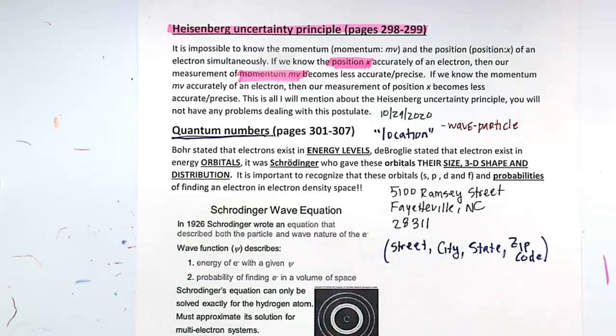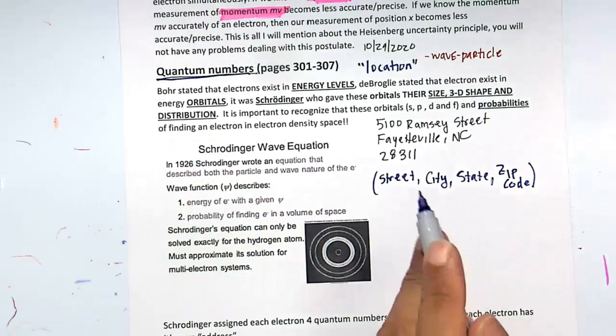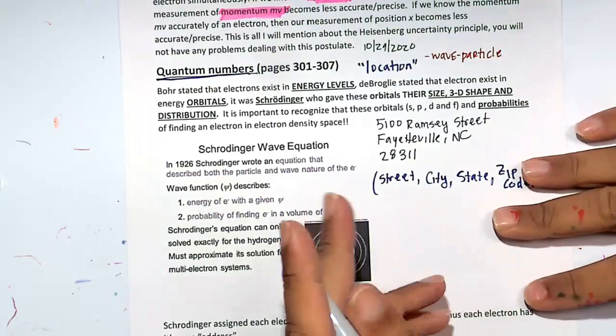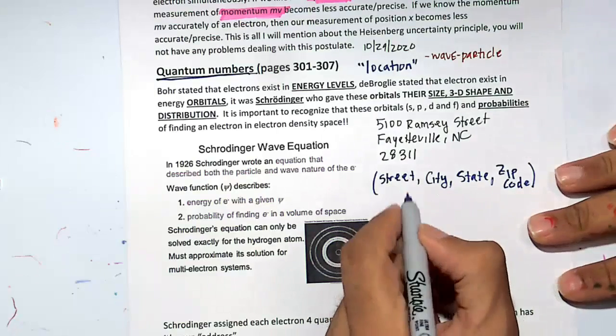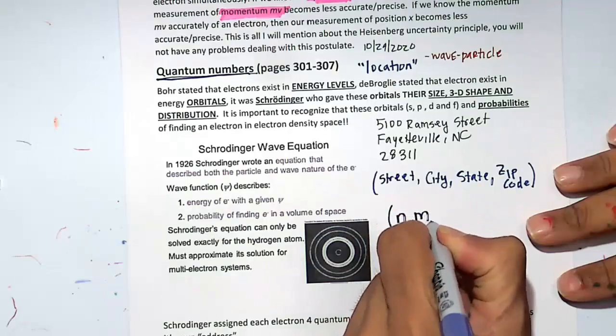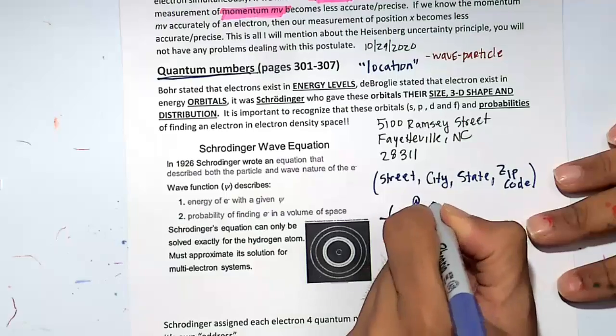All right, so what are these 4 quantum numbers? This is what I want to explain, then electron configuration, and then we'll be done. The 4 quantum numbers to find the location of an electron are n. Sorry, let me cross that out.